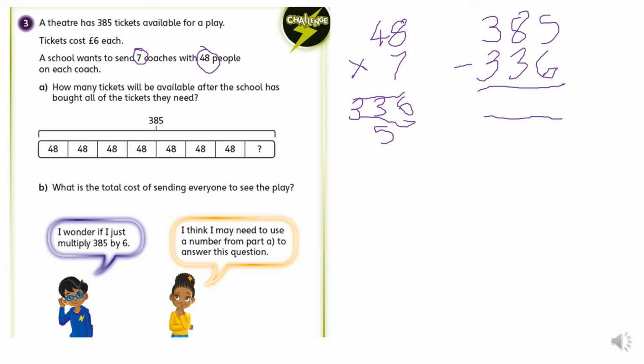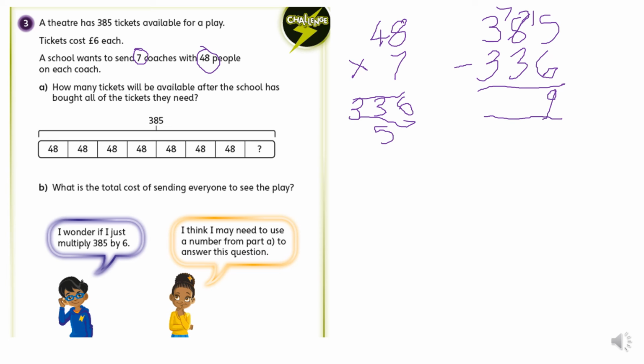Right, so 5 take away 6, because I always start at my ones in case there's an exchange. Oh, and look at that. Can I do 5 take away 6? No, I can't, so I need to exchange. So now I have 15 take away 6, because I've borrowed a 10 from the tens column. 15 take away 6 equals 9.